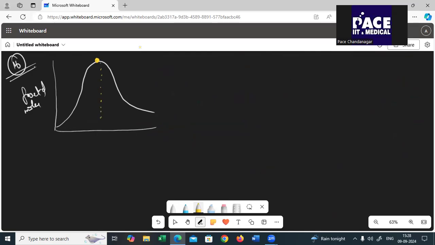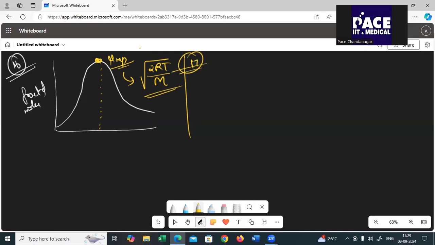Definitely, this is always my most probable speed, UMP, and most probable speed is nothing but under root 2RT by M. MP has 2 letters, you remember that way: most probable speed 2RT by M. RMS has 3 letters, 3RT by M. Average is 8RT by pi M, you remember.